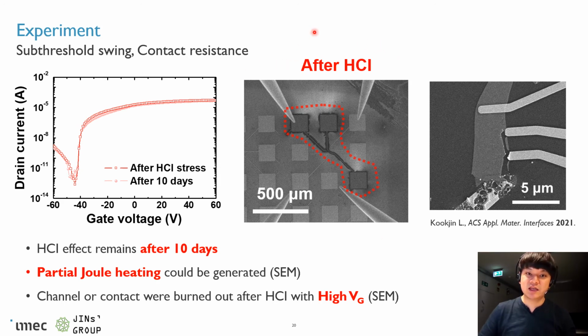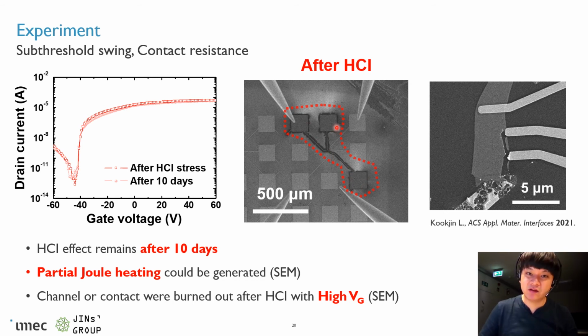So interestingly, this kind of partial thermal annealing effect is maintained even after 10 days, almost maintained. And the difference of brightness contrast in the SEM image occurred only around the measured electrodes and the channel like this.